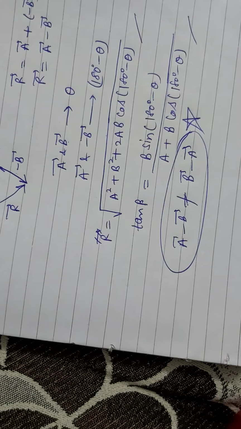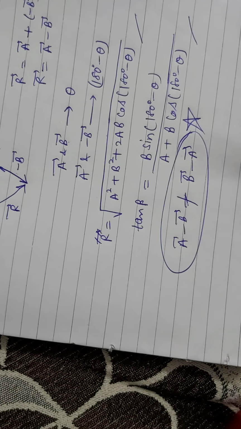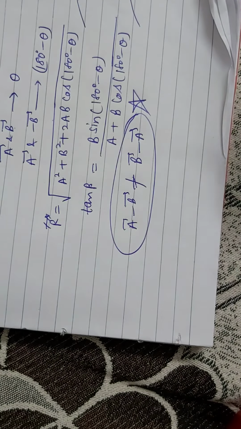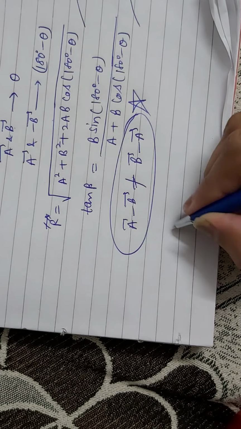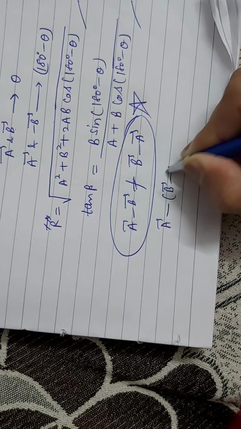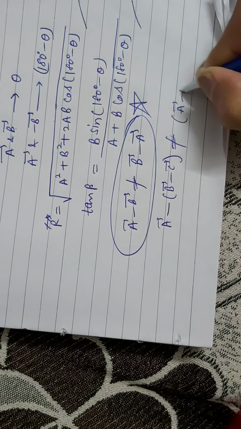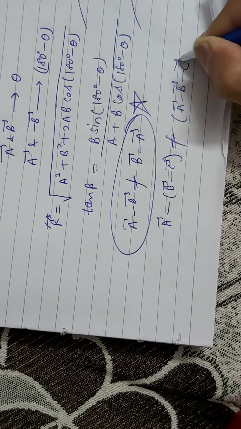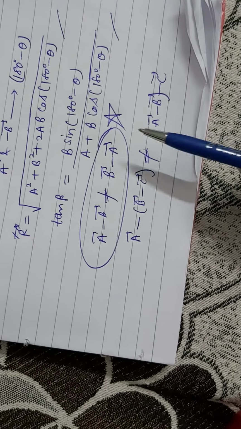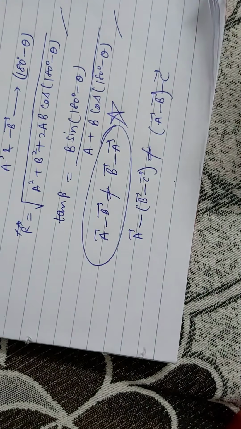Okay, so that's why vector subtraction is not commutative. Similarly, it is not associative also. Okay, that means A minus (B minus C) is not equal to (A minus B) minus C. If this rule is not valid, then of course this is also not going to be valid here.